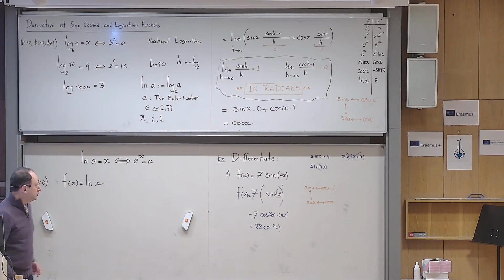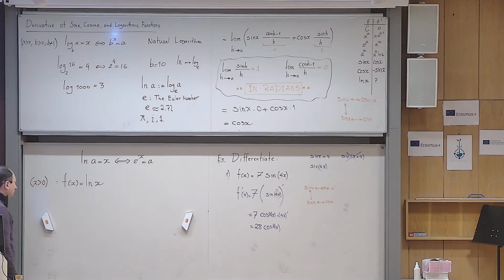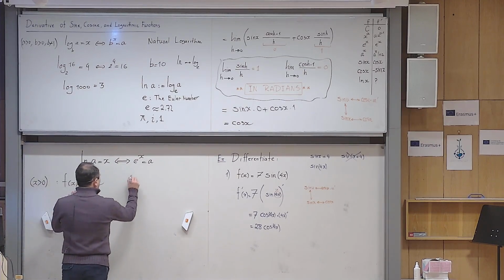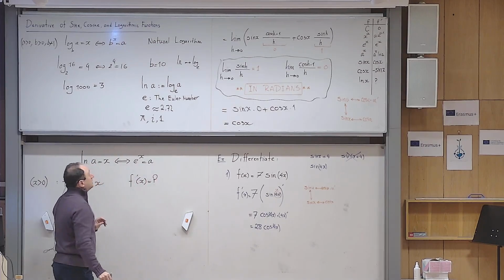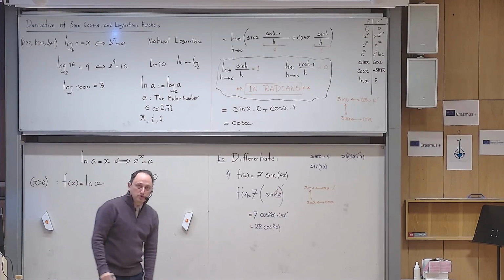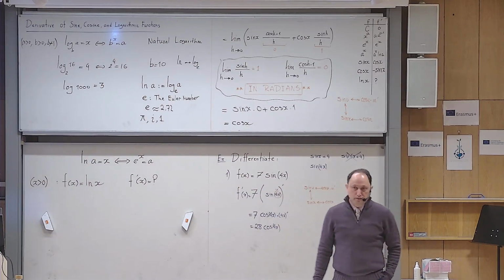In other words, the domain of this function is this. Okay, so the question is now, what is f prime of x? Now I want to hear from you what we are supposed to do. I want to find the derivative of this logarithmic function.